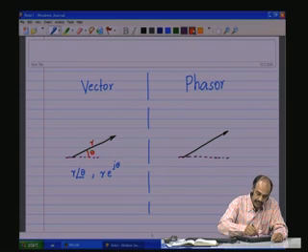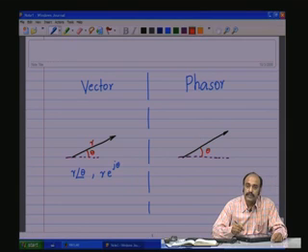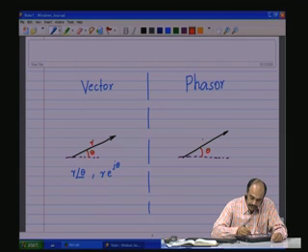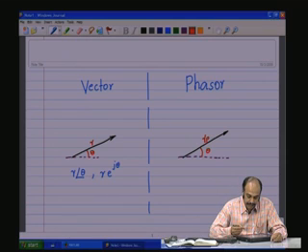You can have a direction theta with respect to the reference, and it has also an amplitude, and let me call that Rp to distinguish it from the vector amplitude R. The difference lies here in Rp.